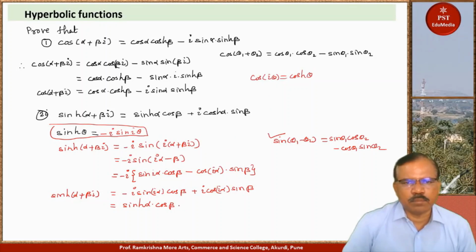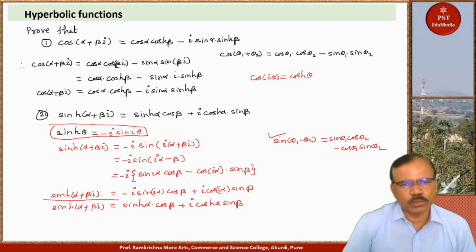So we can write plus I times cos hyperbolic alpha into sin beta. So this is sin hyperbolic of alpha plus beta I. So this we have proved.